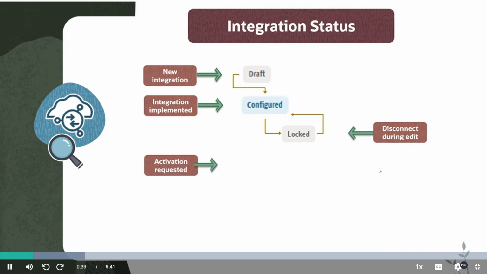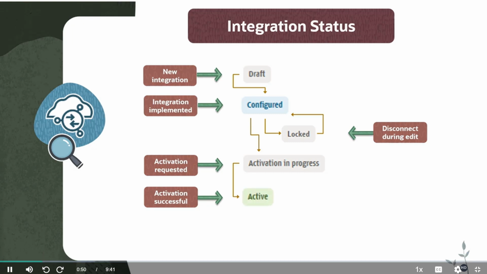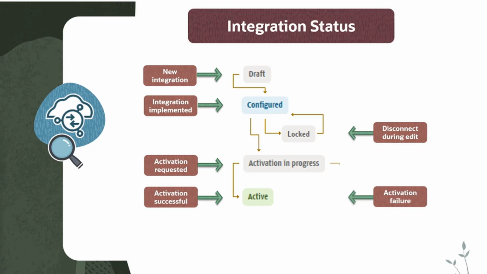If you feel your implementation is complete, you can attempt to activate it, where it will show this activation in progress status, and then it will either transition to an active status if successful, or a failed status if there is an issue with the deployment.